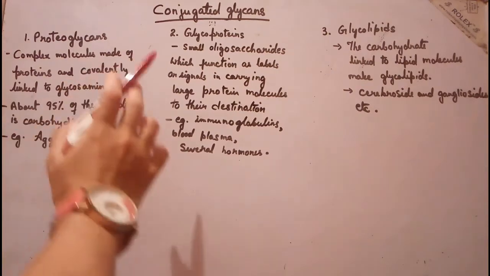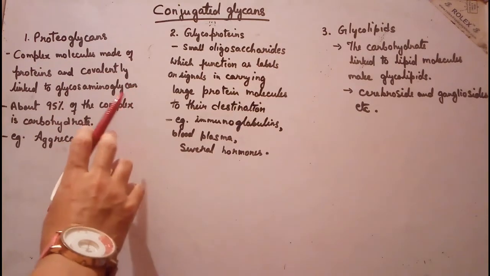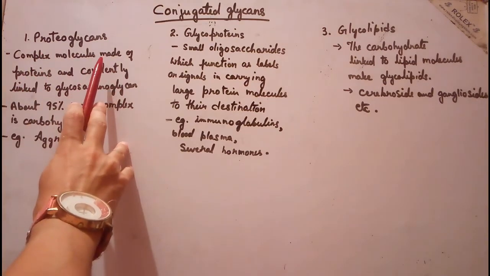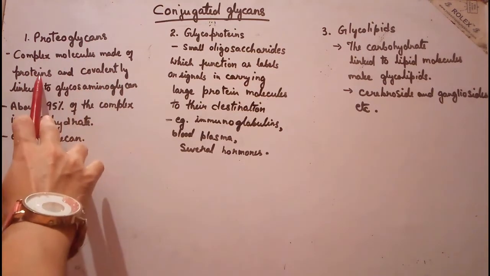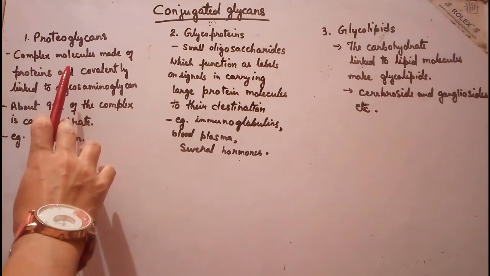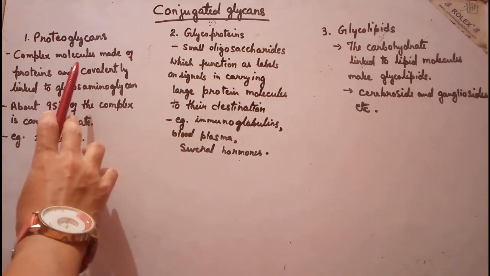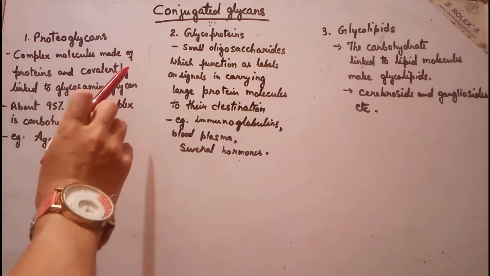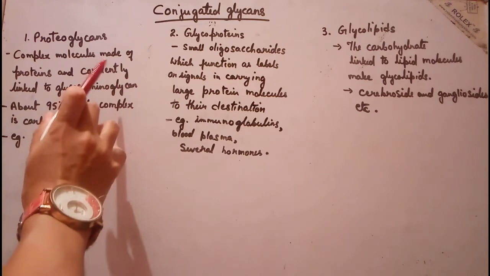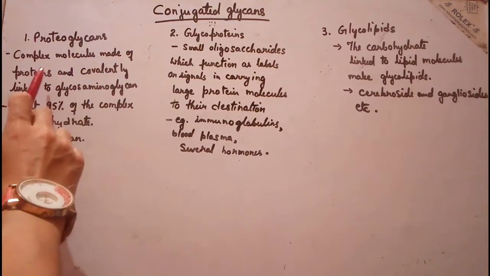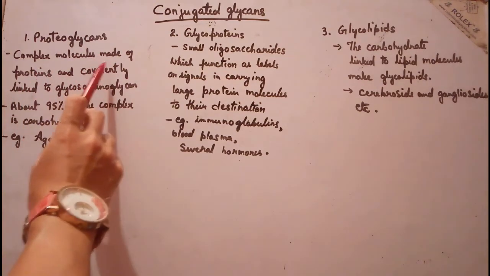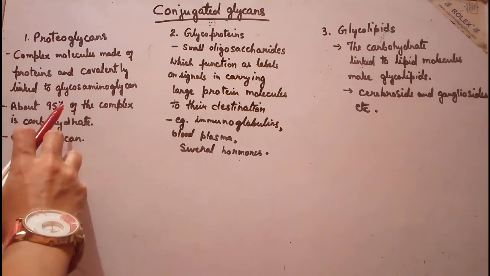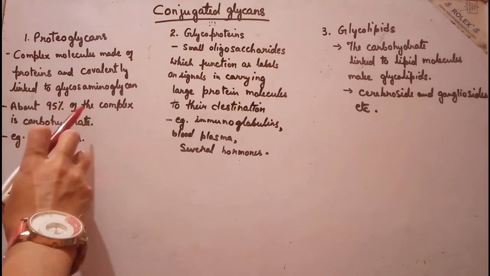The proteoglycans are complex molecules which are made up of proteins covalently linked to glycosaminoglycans. Okay, the proteoglycans are complex molecules made up of proteins linked covalently to glycosaminoglycans, and about 95% of the complex is carbohydrate.